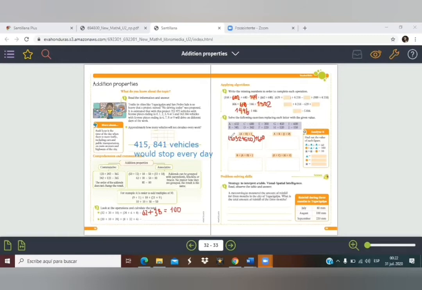Now, you have to add both numbers first, the items that are in parentheses, then you have to sum both with the number that is outside the parentheses. For example, here, 632 plus 520 is equal to 1152, plus 600.